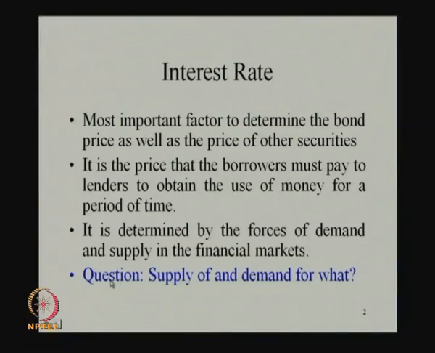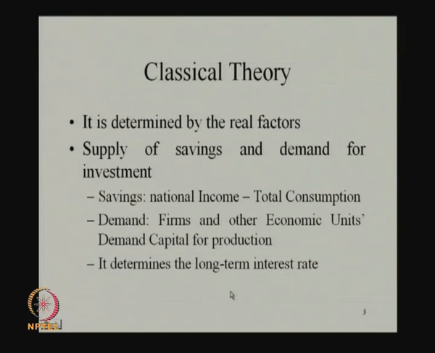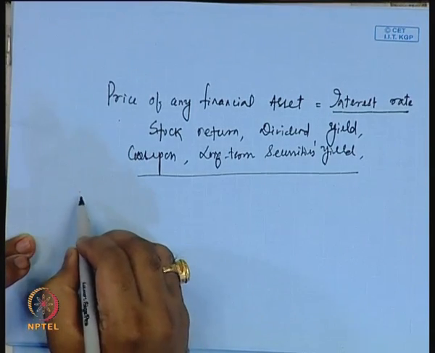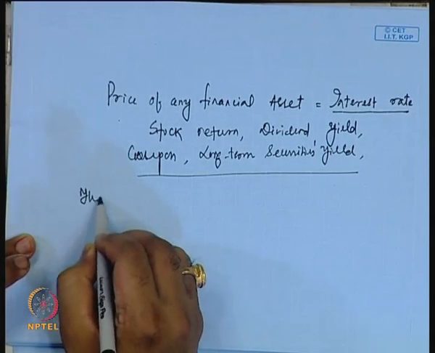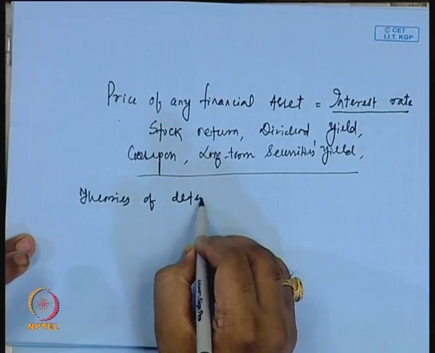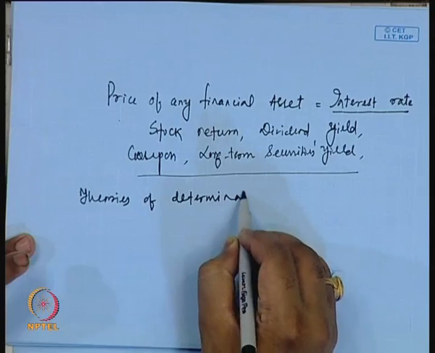Therefore, the question we always have is supply of what and demand for what, which is going to determine this interest rate in the financial market. So, we have three theories which try to explain this, theories of the determination of interest rate.